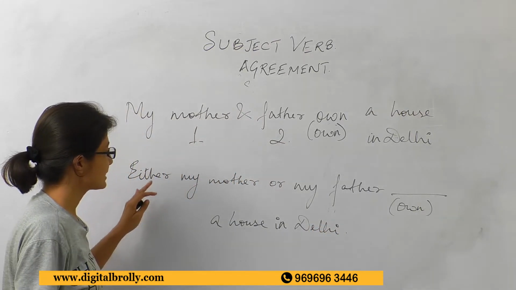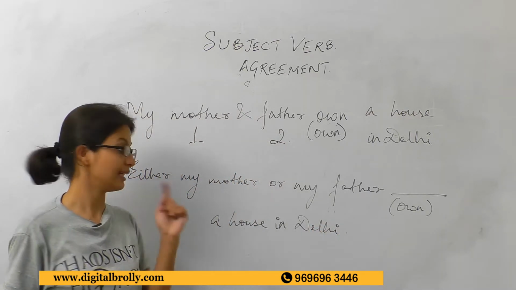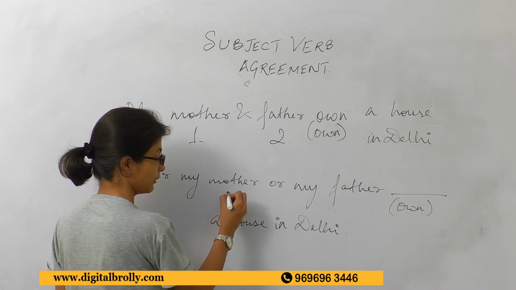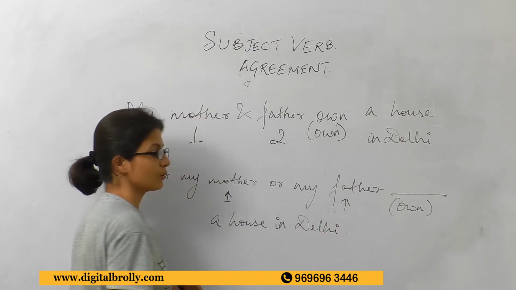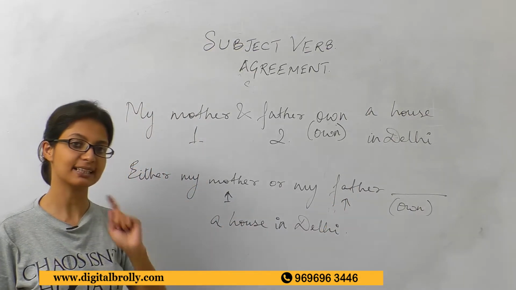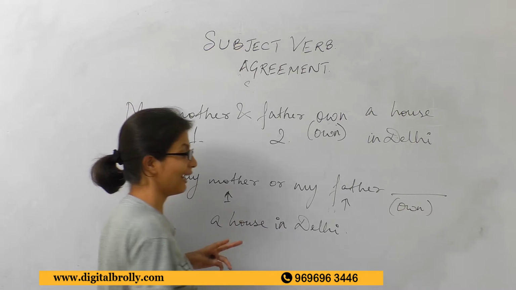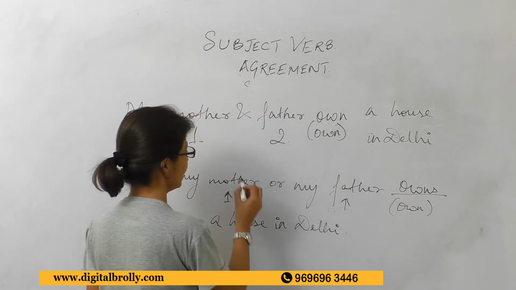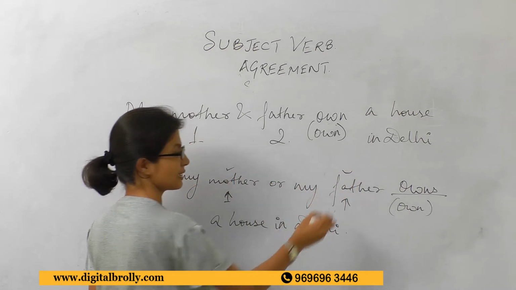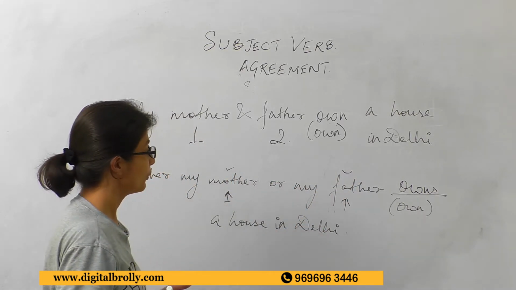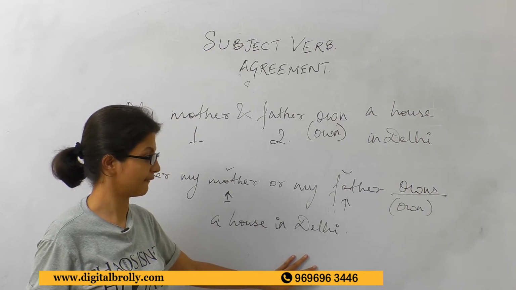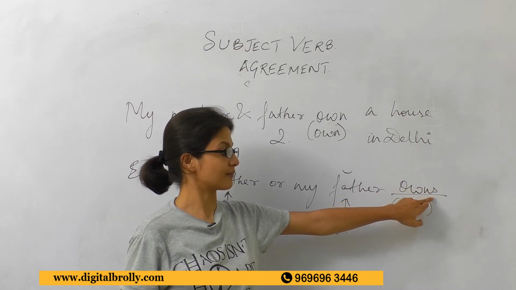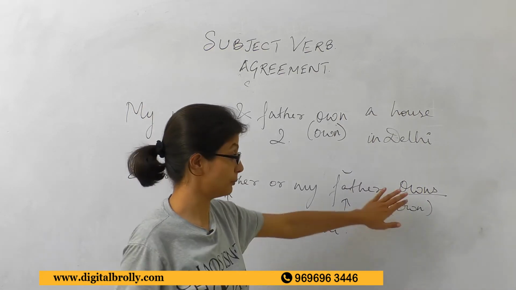Now, it is either or, that is either mother or father, that is either this one or this one. So, whichever way it is, the result comes to 1, not 2, and that is why it takes owns. Why? Because this or this alone, that is in singular, will own the house in Delhi. That is, third person singular will take an S after the verb own.